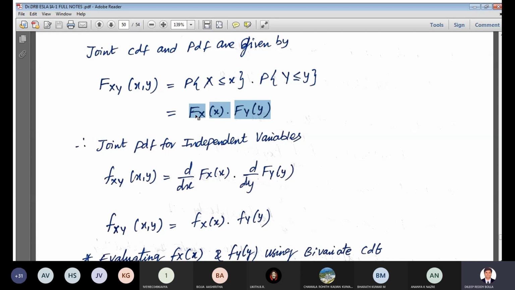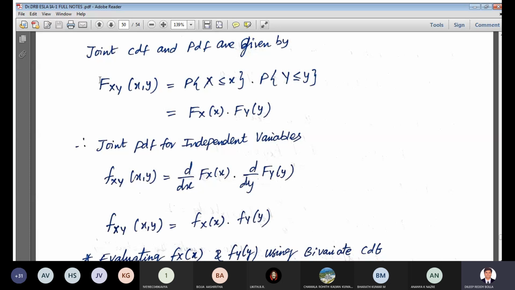Similarly, we know that fx of x equals d by dx of Fx of x. We can find this one, we'll get f of x. So similarly, for f also, we are trying to find the product. So d by dx of Fx of x will give you fx of x small, and Fy of y capital gives small f of y. Small f means PDF.